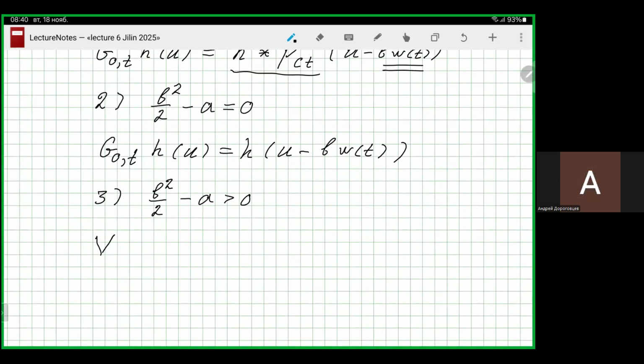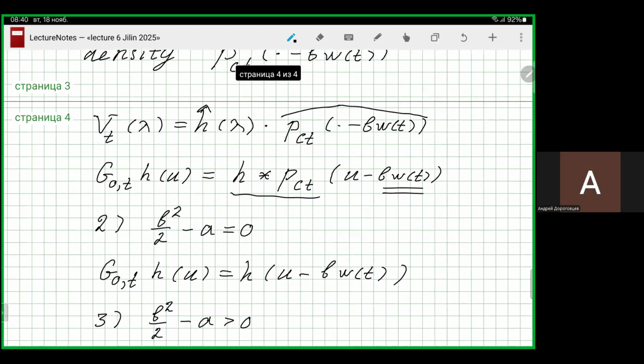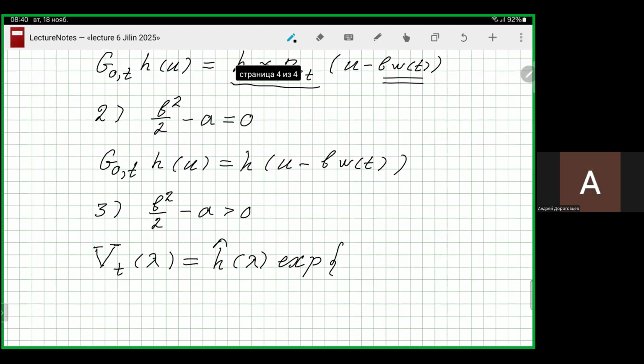So for Vt of lambda, you have a representation. Vt of lambda is h hat lambda multiply on the exponent. But what we have here? We will have here something wrong. Why?